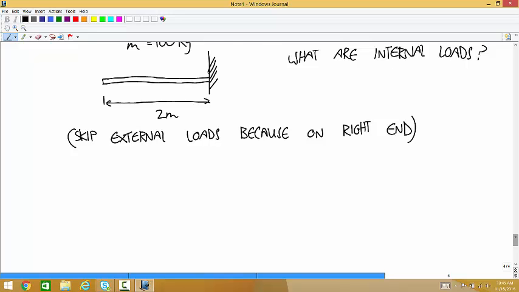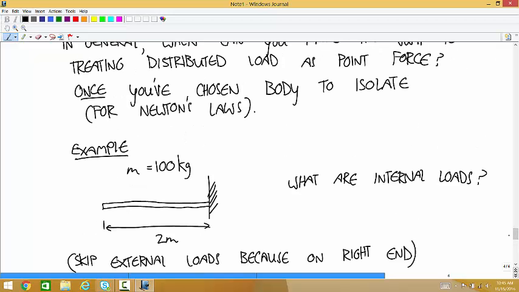Okay, so let's think about where these subfunctions could change. The endpoints. Are there any other places where there are point loads or where distributed load functions change? No, there's a distributed load, but it's the same everywhere. It's just that weight.